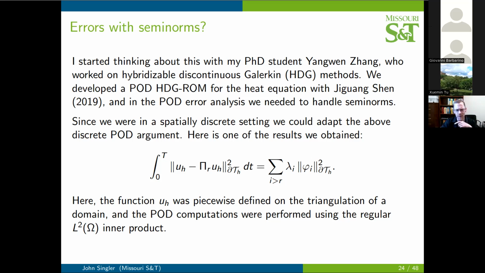And we needed things like divergence on each element, or gradient on each element, or even boundary traces of these things. And you could get them. And I hope you see something that looks very similar to the error formulas before. So instead of norms now, we have some sort of semi-norms, right?